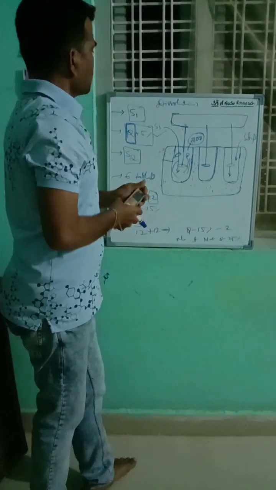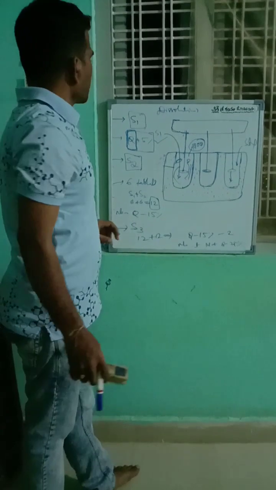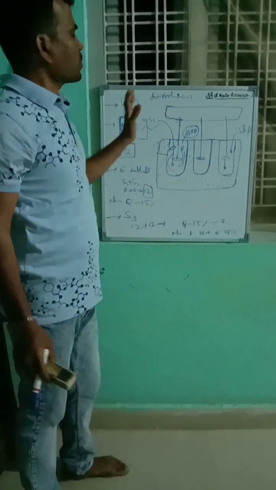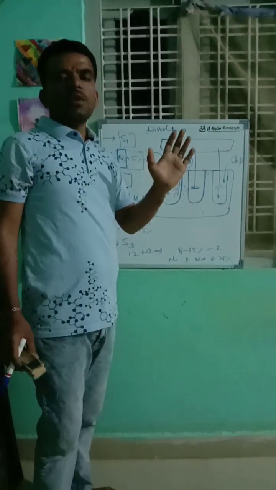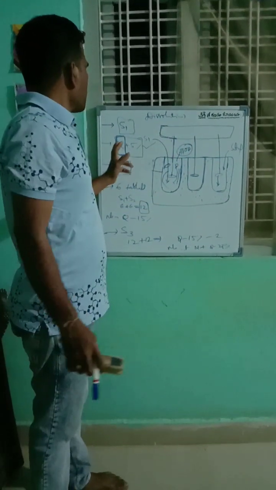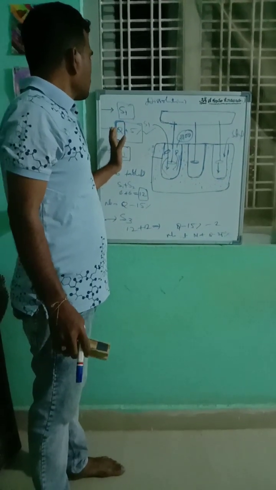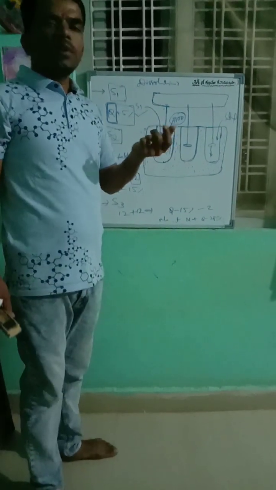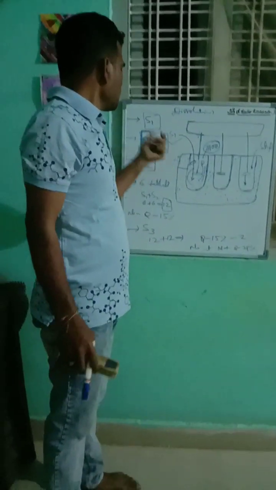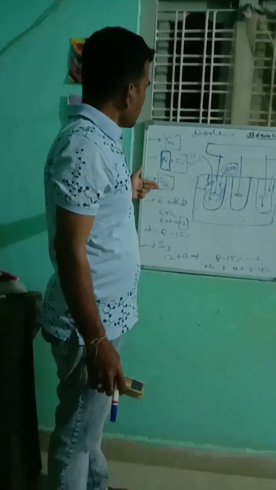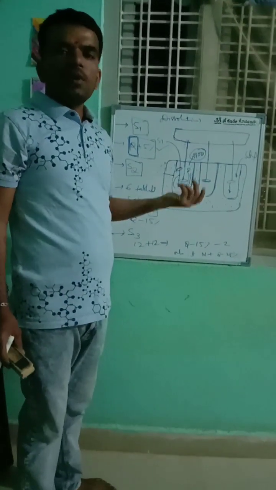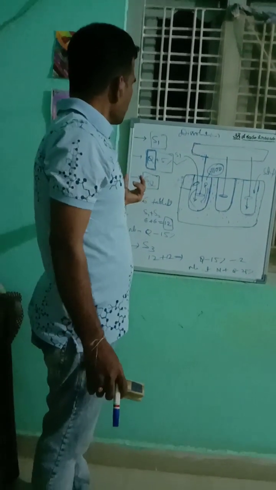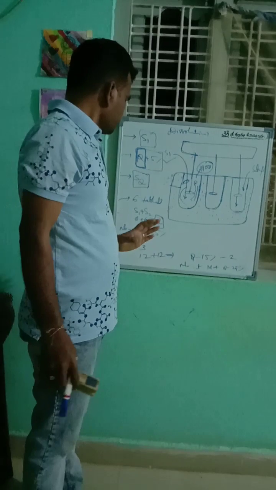Okay, these are the stages in a dissolution apparatus: S1 stage, S2 stage, S3 stage. In S1 stage you perform 6 units, and all results should be greater than or equal to Q plus 5%. If any one unit does not meet the Q plus 5% criteria, it goes to stage 2, where you perform 6 more units. All 12 units should be equal to or above Q, and no unit should be below Q minus 15%.